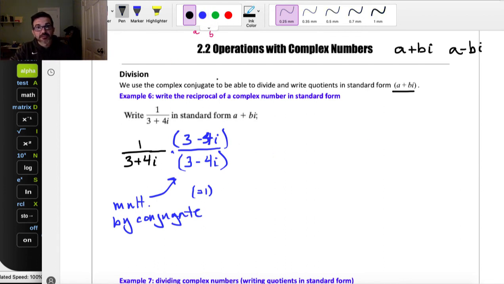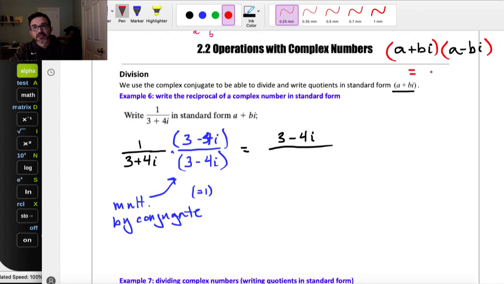And when I do that, I'm going to get, obviously 1 times 3 minus 4i is just 3 minus 4i. And remember, on the bottom, when we multiply conjugates, we get a squared plus b squared. Now you can FOIL this, you can multiply it out, but we did that, and we saw in the previous lesson that the pattern was always it ends up coming out a squared plus b squared.